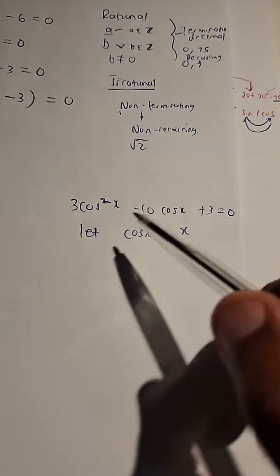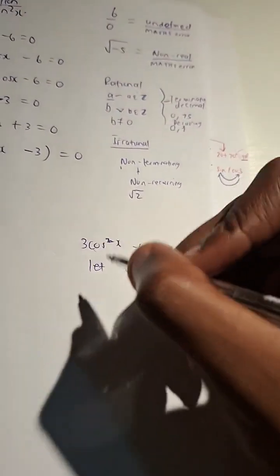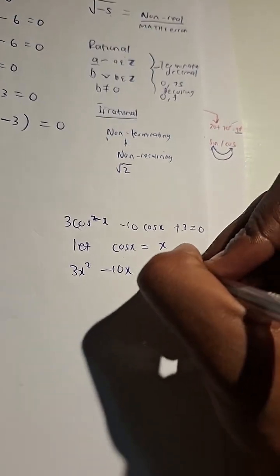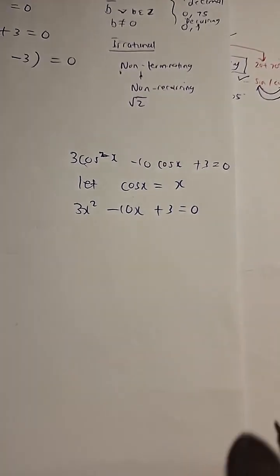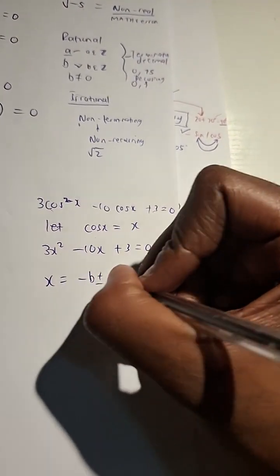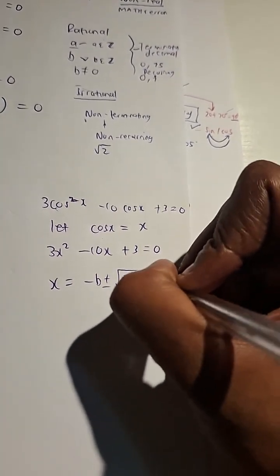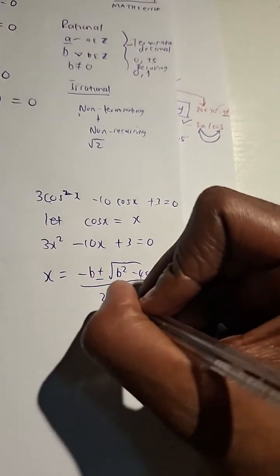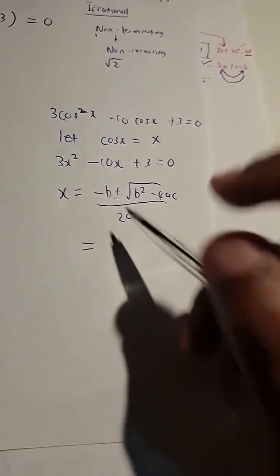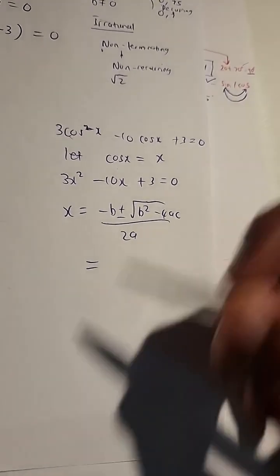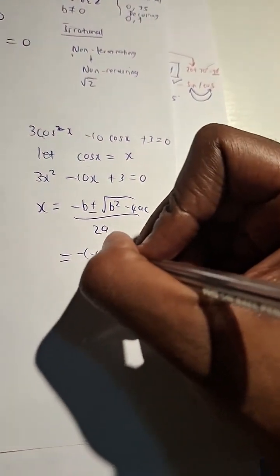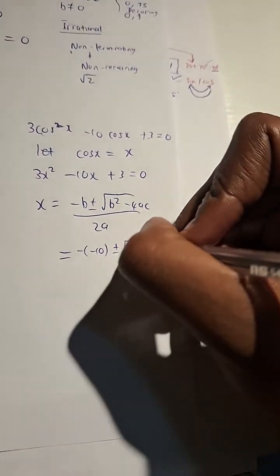Then this equation will become 3x squared minus 10x plus 3, which is equal to 0. Then you're going to use the quadratic formula: x is equal to minus b plus or minus the square root of b squared minus 4ac, over 2a. Do you see what we just did here? You would substitute like that.